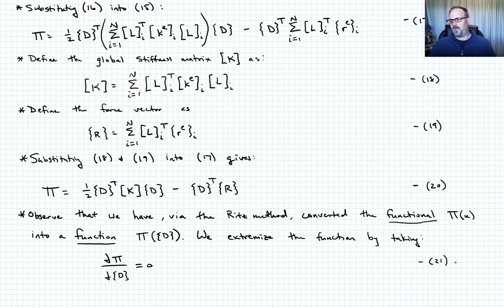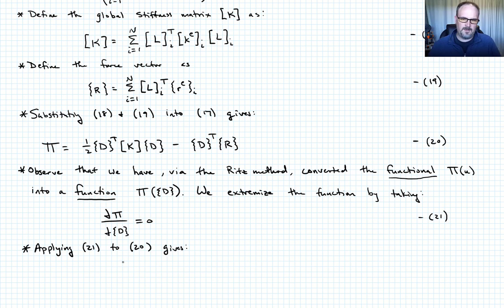So what does that look like? I want to apply equation 21 to equation 20. So when we do that, we end up with del pi del d being equal to that first term. It's effectively 1/2 k d squared, so if we take that derivative, it just becomes k d.